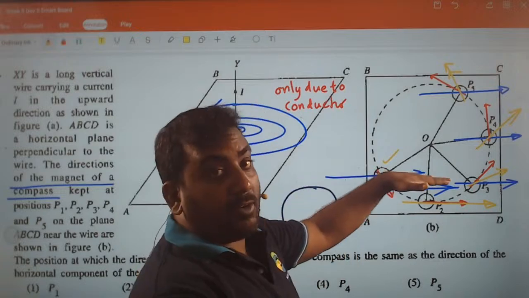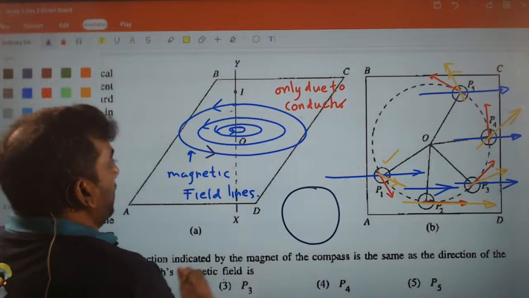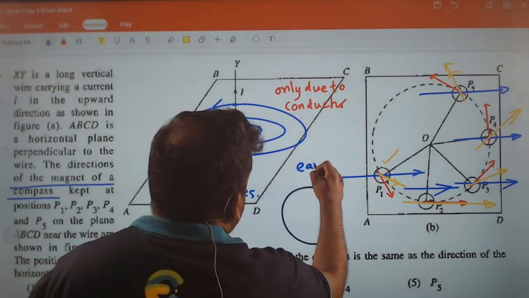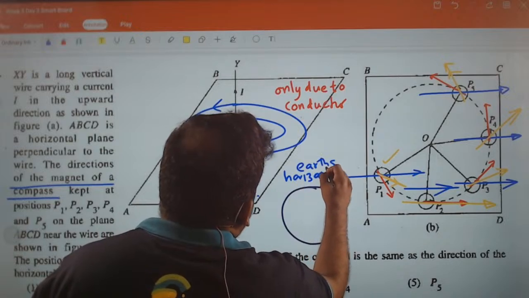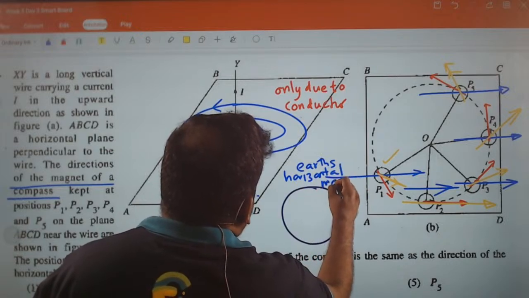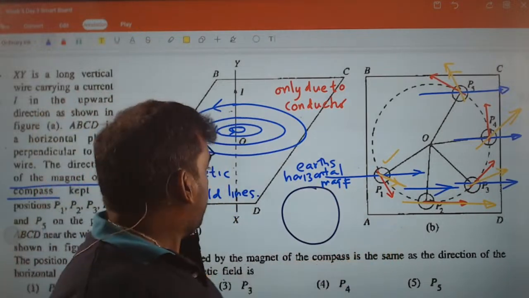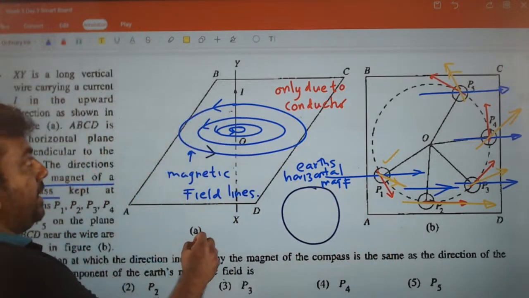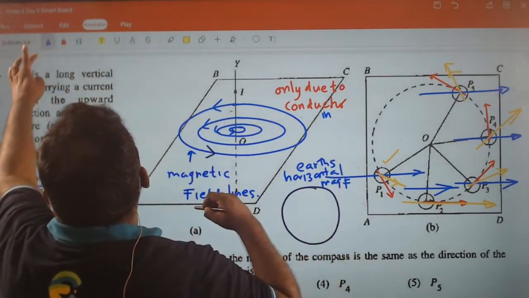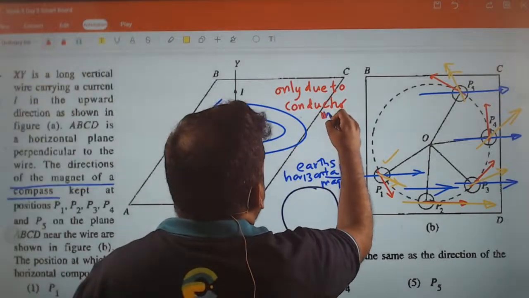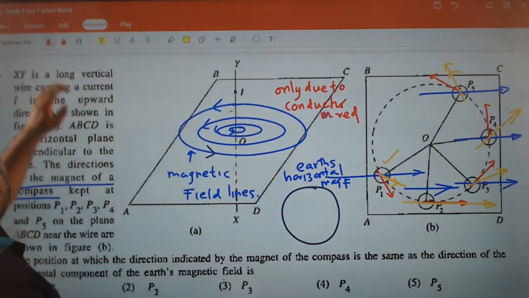In blue color I have drawn the Earth's horizontal magnetic field. Red color is what? Magnetic field only due to conductor in red. Right. What is yellow?